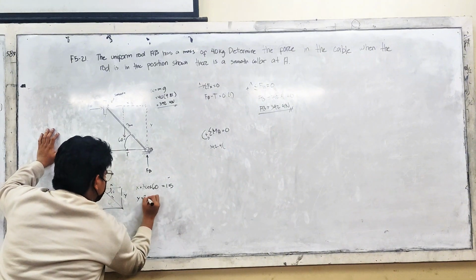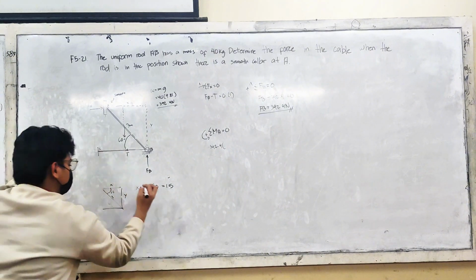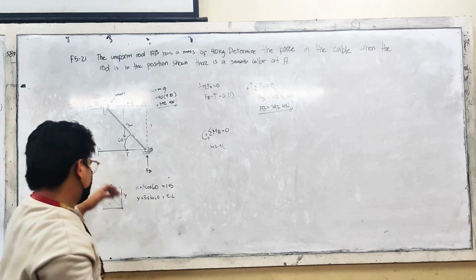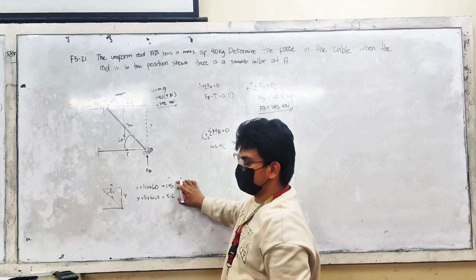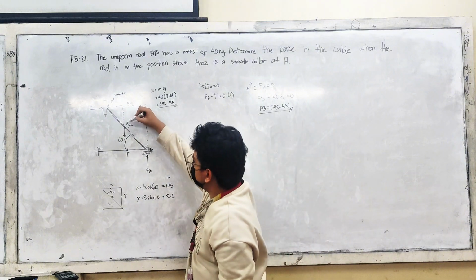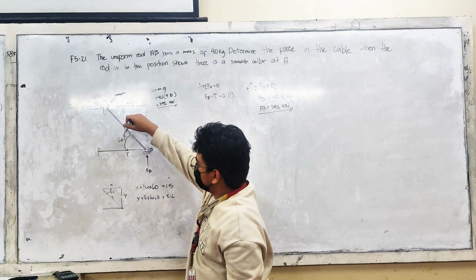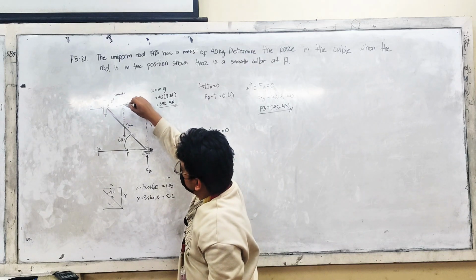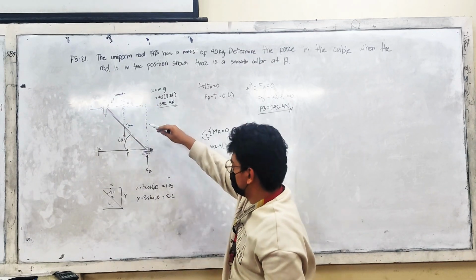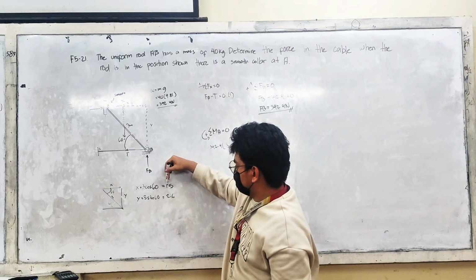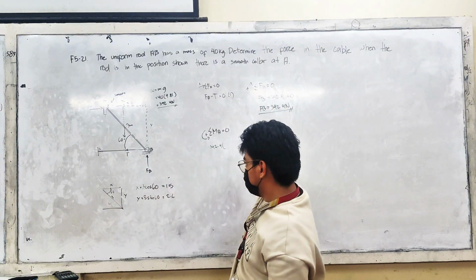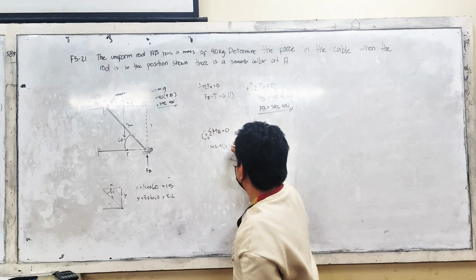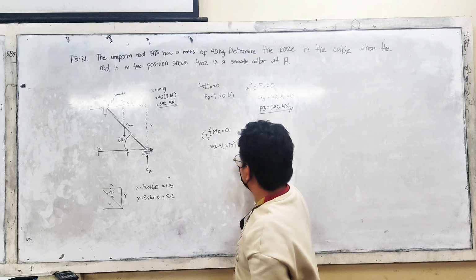This is 3 sine 60, because it is going vertically, which is 2.6. So we have now our distances. Since our force here is in the middle, I'm going to put it in the middle of our x-axis, so we're going to divide 1.5 by 2. So 1.5 divided by 2 will become 0.75. So we have our distance.